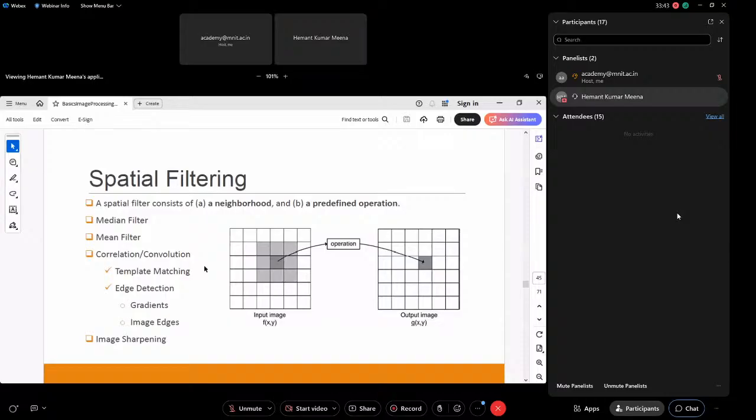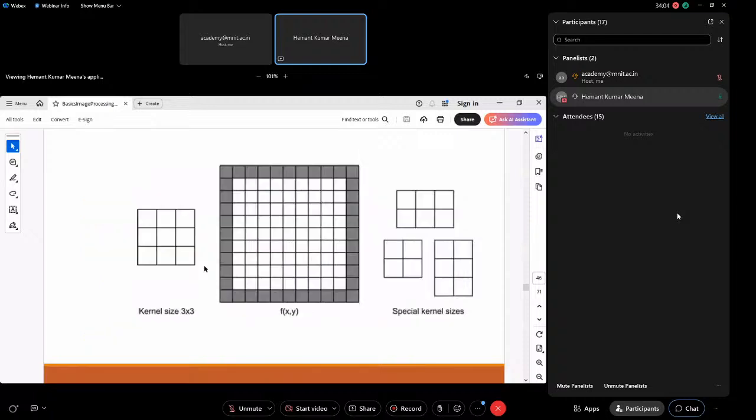Image sharpening: in histogram equalization, we have done image sharpening, but initially people started with the histogram, and now this concept has also been achieved through spatial filtering. Kernel size: again, how many pixels are you taking at a time.